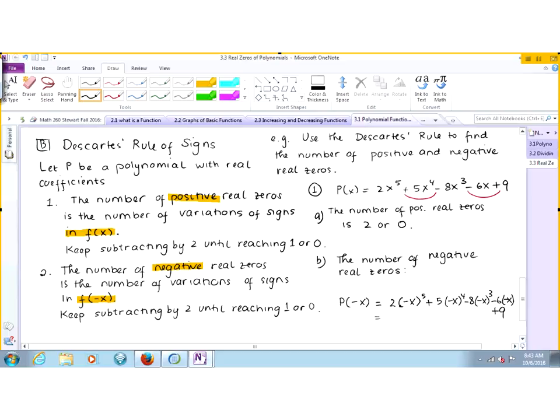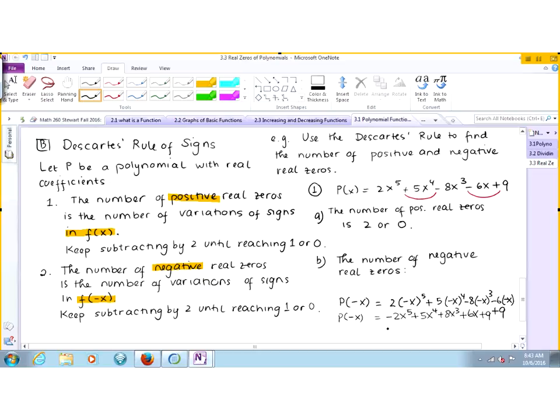Now, which signs would change? The ones with the odd exponent. So this one will be negative 2x to the 5th. What about the x to the 4th? It's going to stay the same. How about the x cubed? Plus 8x cubed. And the 6x? Plus 6x plus 9. Oh, they're all plus.